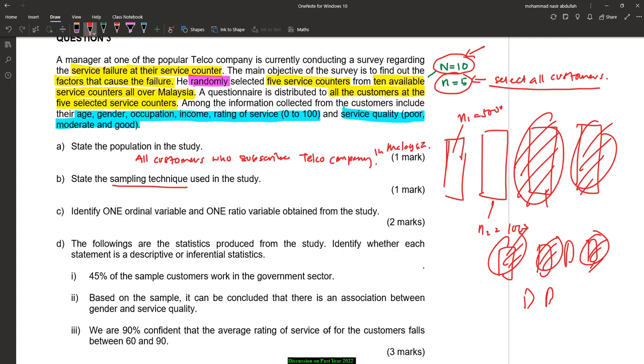So what do you think? Systematic sampling. Cluster sampling, sir. Yes, it's supposed to be cluster sampling. Select all members. Satu sampling method saja. Cluster sampling.